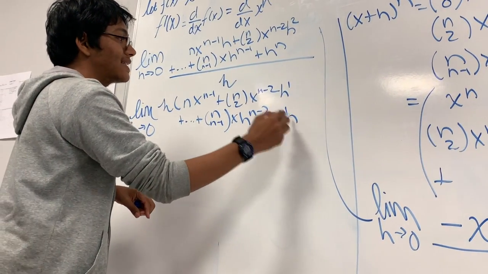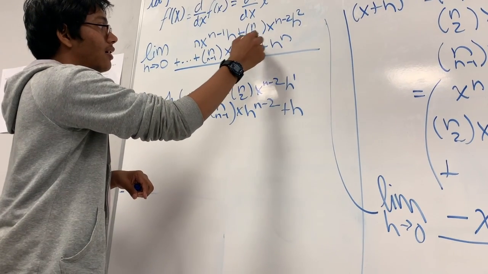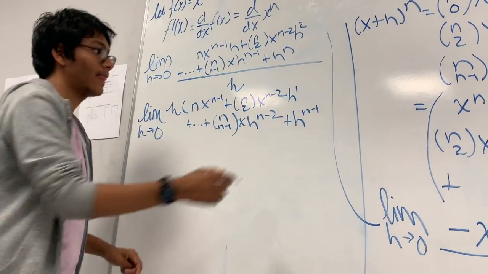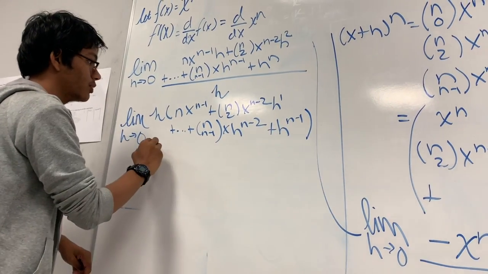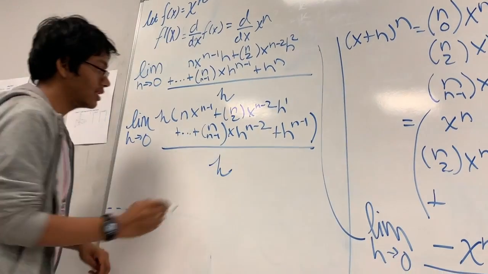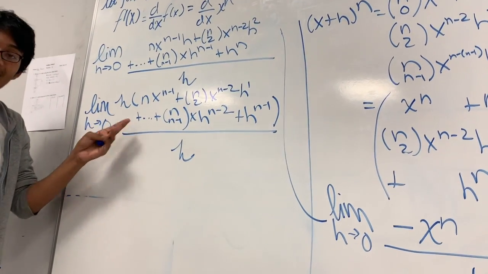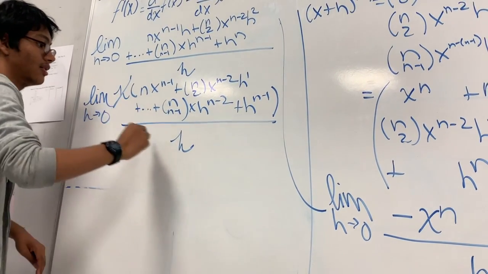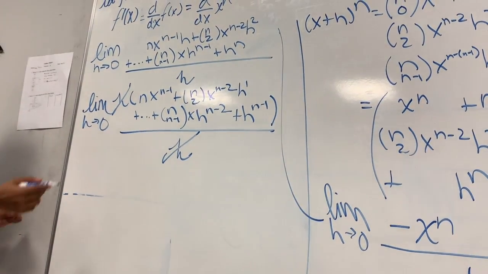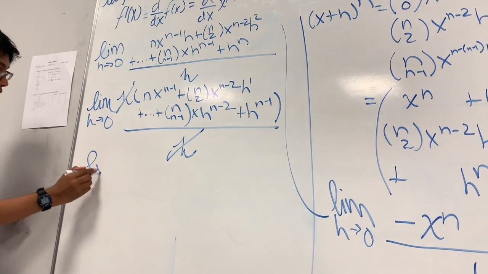And of course my last h will have a power of n minus 1 instead of n. Okay, now I'm almost done. Because I factored out an h in the numerator, I can cancel it with the h in my denominator. Boom.